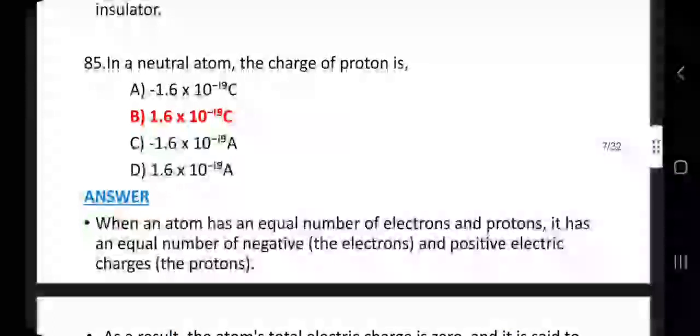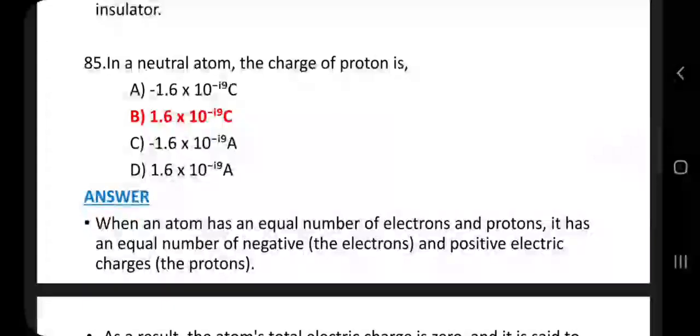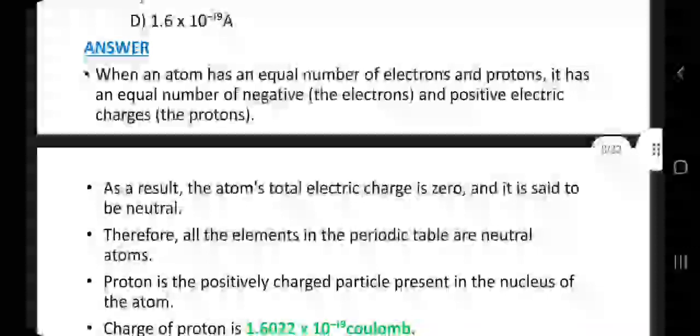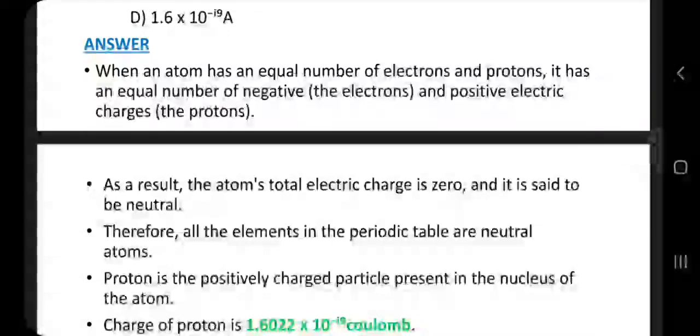Question number 85. In a neutral atom, the charge of proton is, answer is option B, 1.6 into 10 raised to minus 19 coulomb. When an atom has an equal number of electrons and protons, it has an equal number of negative, that is electrons, and positive electric charges, that is protons.